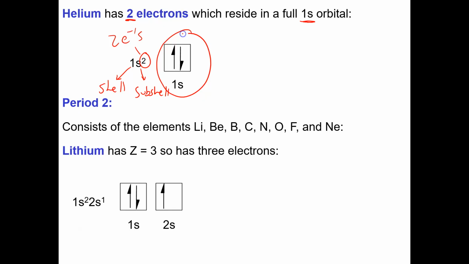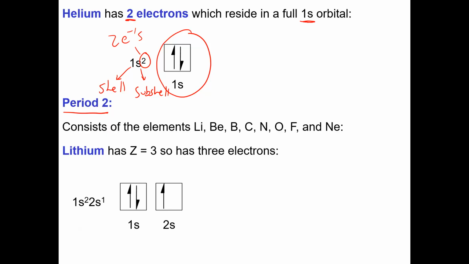Here's the orbital diagram showing both of the electrons in the 1s subshell, and you can see that they have opposed spins.